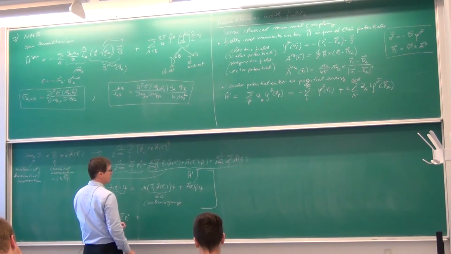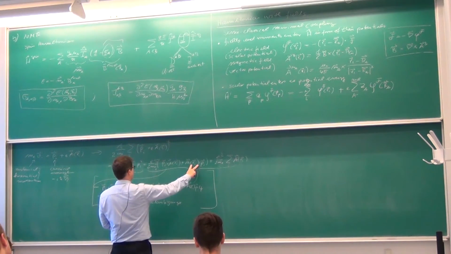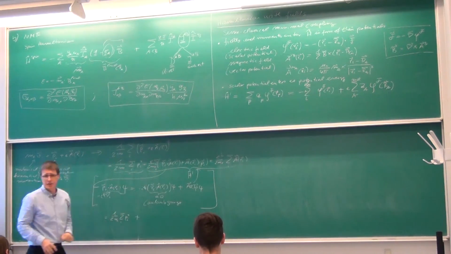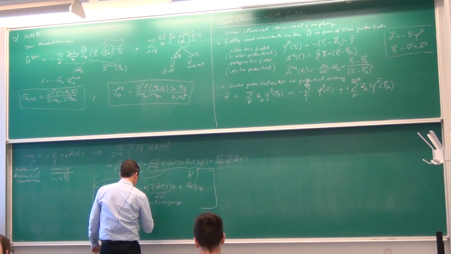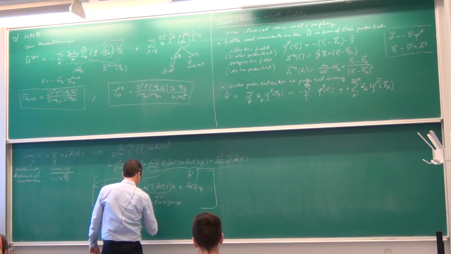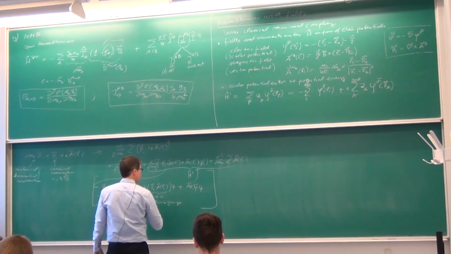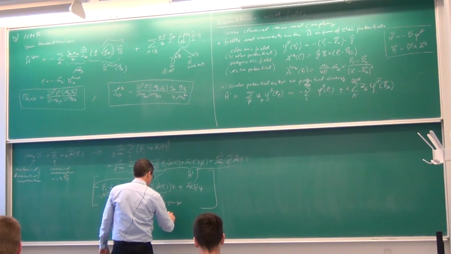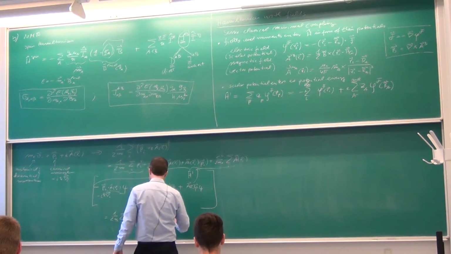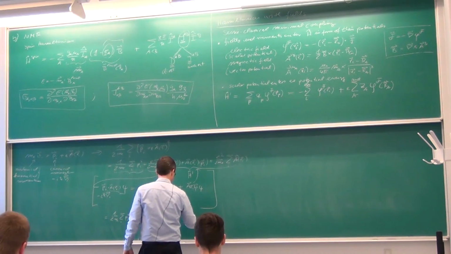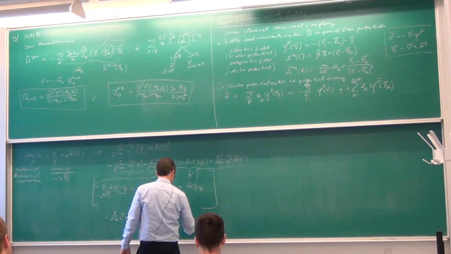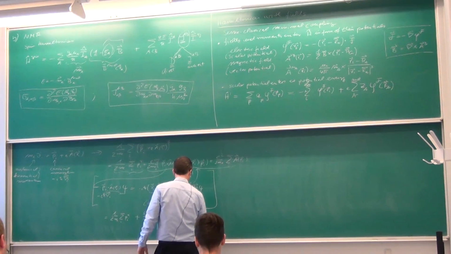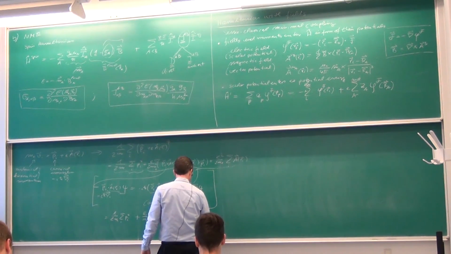And now, because I have this twice, which goes out with the 2 here, I get e over m_e sum over all electrons of the vector potential at the position of the electron, scalar product with the canonical momentum, and I get this extra term e squared divided by 2 m_e, just the square of the vector potential, like this.